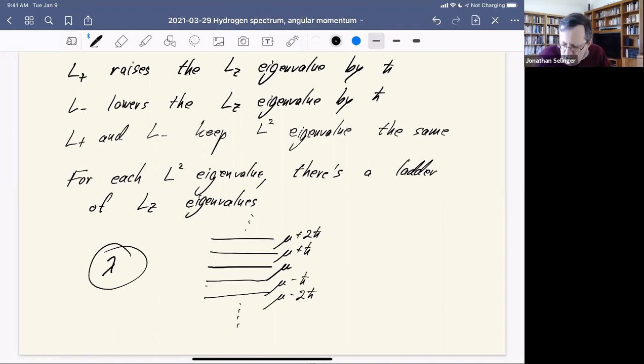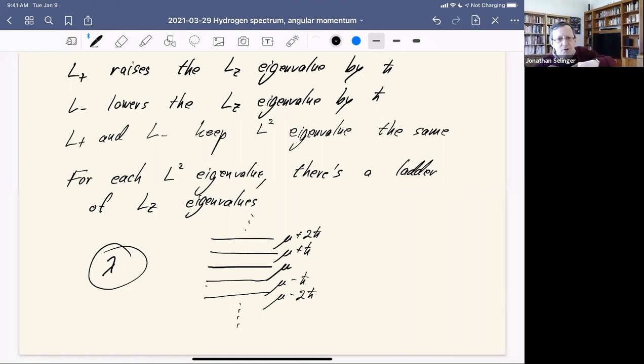Now you can recognize the analogy with the simple harmonic oscillator. With the simple harmonic oscillator, we also could raise or lower the eigenvalues, in that case for energy, by a certain increment h bar omega. But there's a difference. When we were dealing with the simple harmonic oscillator and the energy eigenvalues, I argued then that the ladder was a stairway to heaven, in the sense that it has a bottom, but it doesn't have a top.